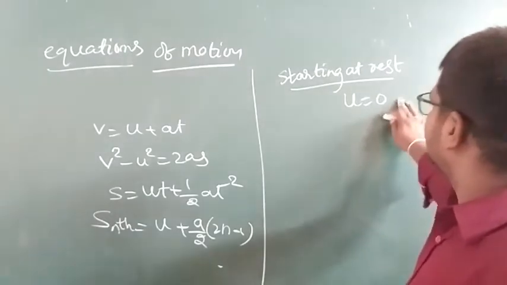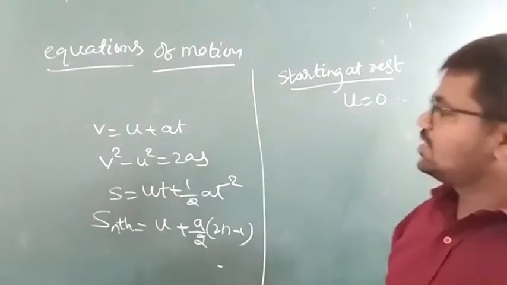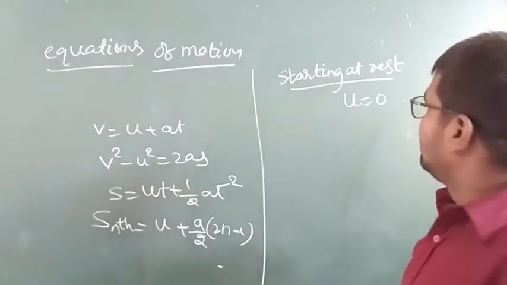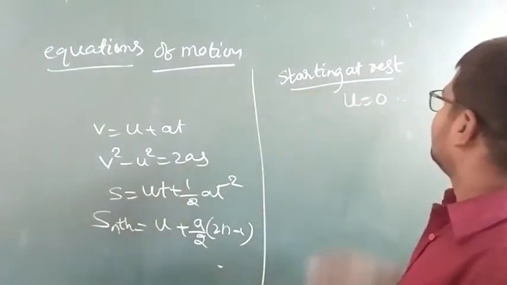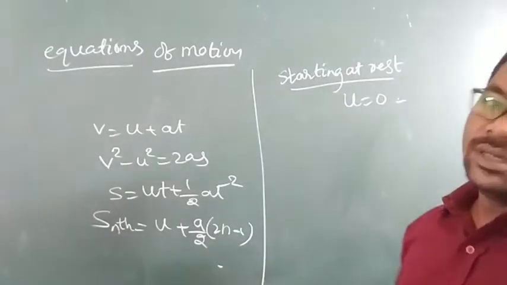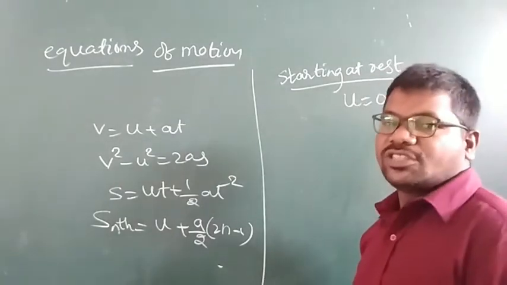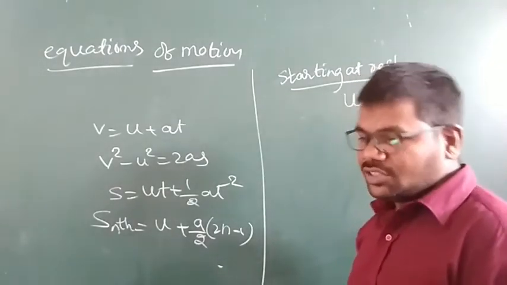So by using this we can get some relations. A body starting at rest means u value 0. Uniform motion means acceleration value 0.